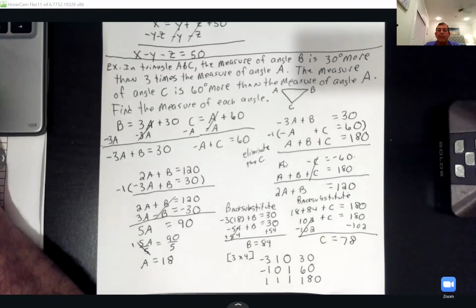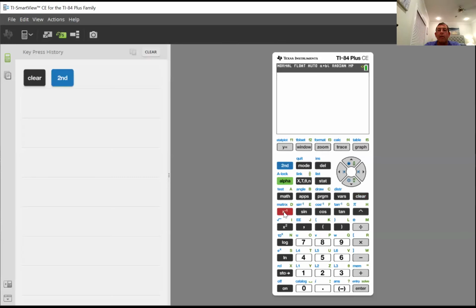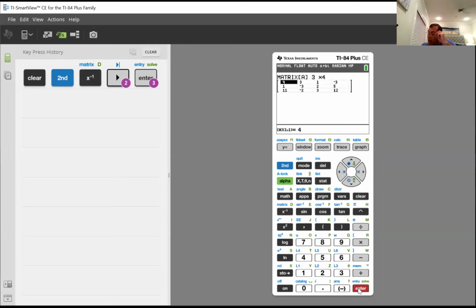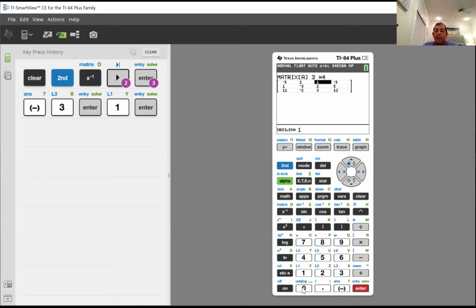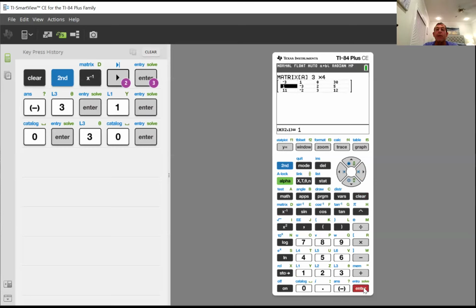So my matrix is second x -1. I'm going to go to edit and enter. So I've still got a 3x4 from the other day, so we're going to hit enter on 3 and 4. And then we're going to put in these numbers. -3 for the A, 1 for the B, 0 for the C, and those equal 30. And enter.